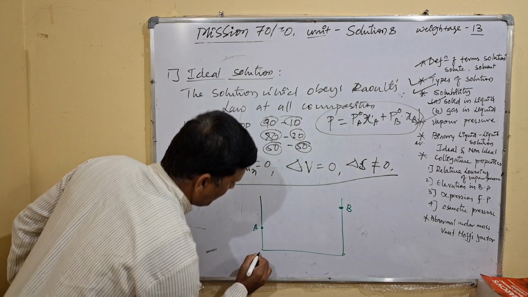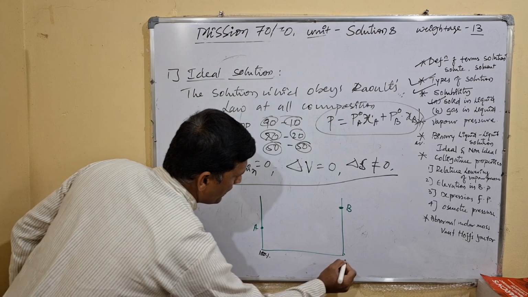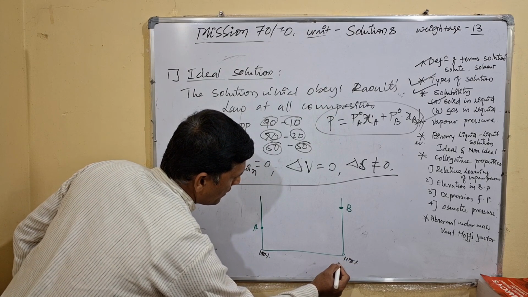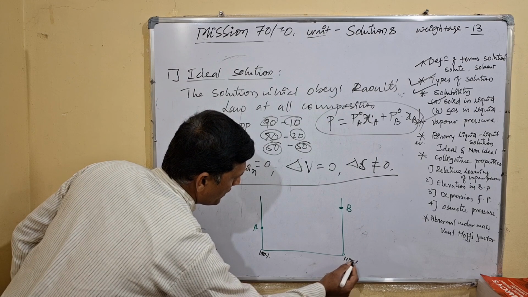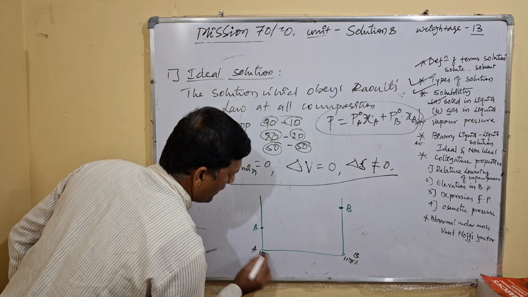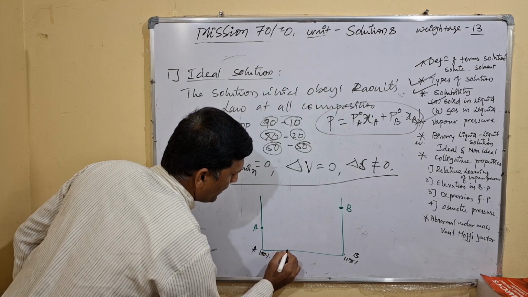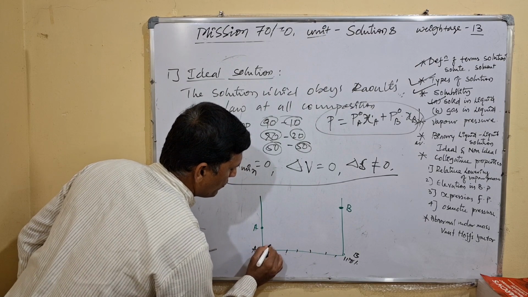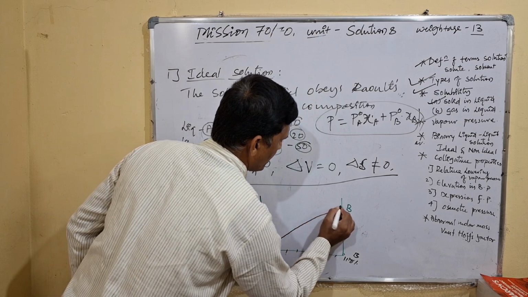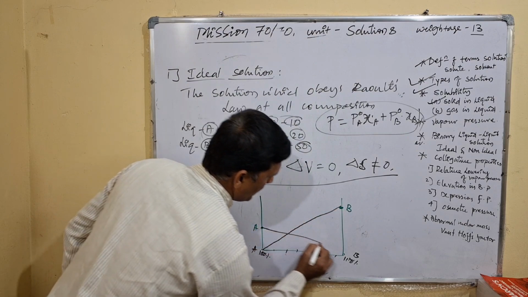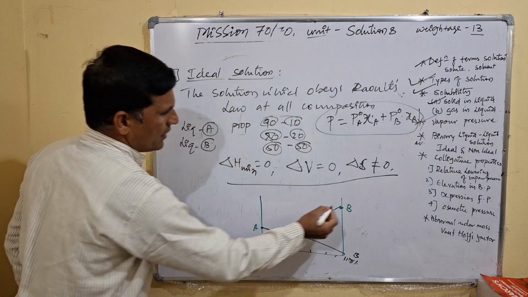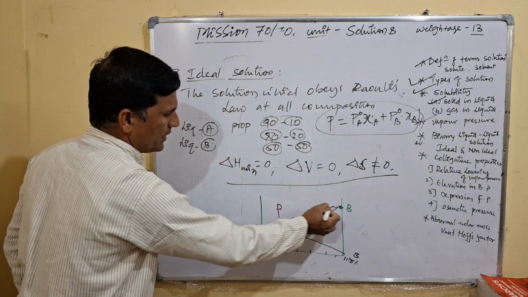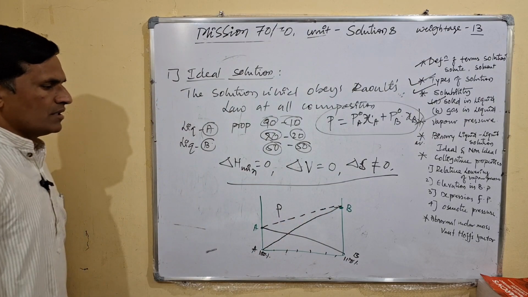As the composition varies, say A is 100% here and B is 100% there, the concentration of B goes on increasing. The vapor pressure changes like this and decreases in this way, and the total pressure P shows a linear variation.